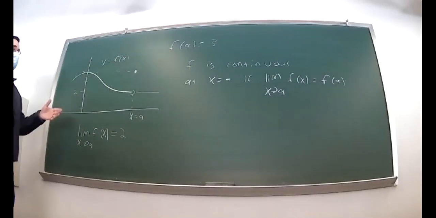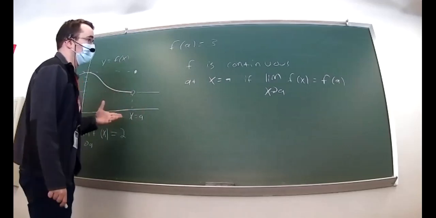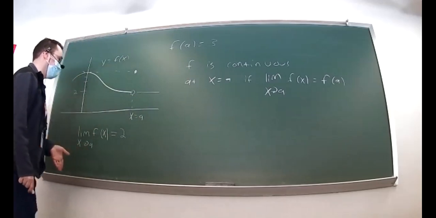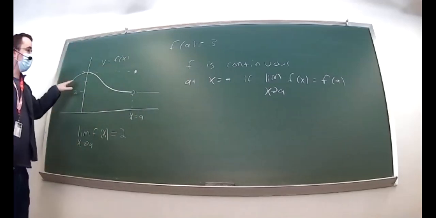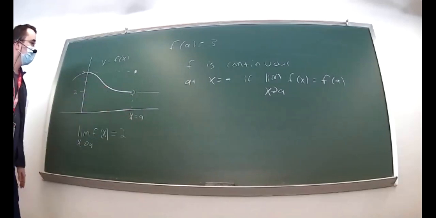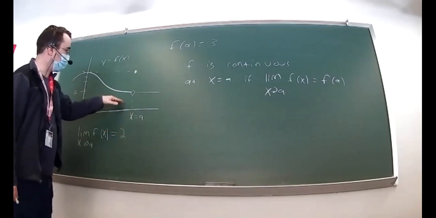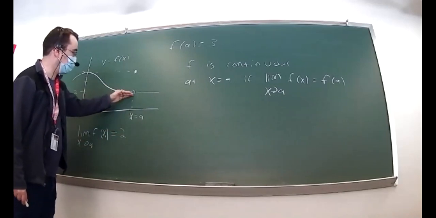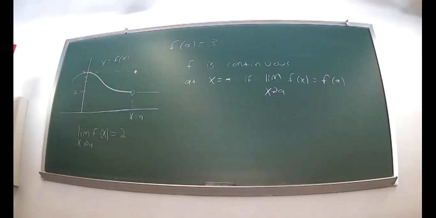So a function f is continuous at the point x equals a if the limit as x goes to a of f of x is equal to f of a. So this is an example of a function that looks continuous at every single point except the given point x equals a, because the limit of the function as x goes to a being 2 is not equal to the value of the function at that point.